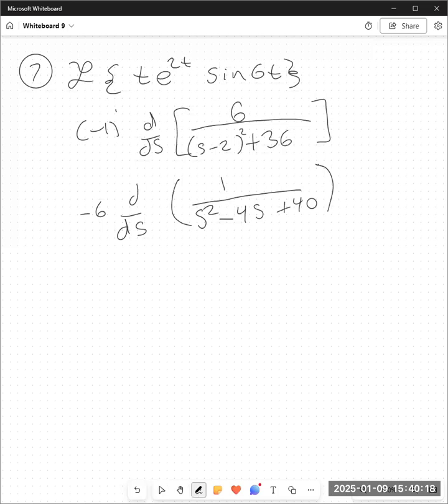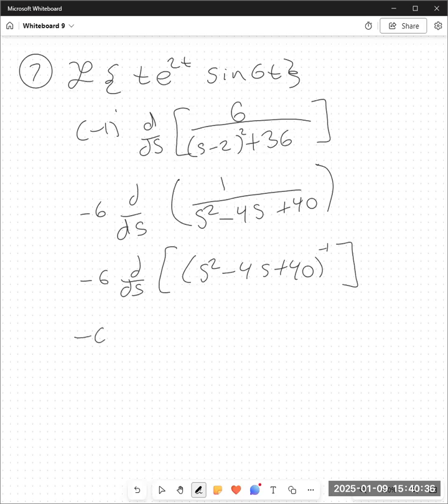And so that's going to be negative 6 d ds of s squared minus 4s plus 40 to the negative first. So that's going to be a negative 6 times a negative 1, s squared minus 4s plus 40 to the negative second, times 2s minus 4.